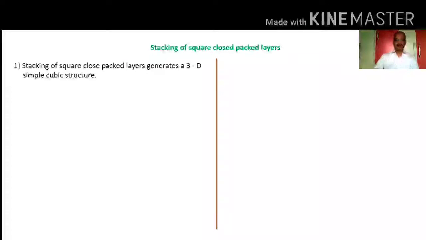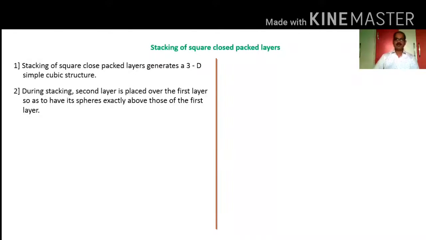When you take many square close packed layers and stack them, then it generates a three-dimensional simple cubic structure. Now during the stacking, what we should do is, first take the first layer, place the second layer over it in such a way that the spheres of the second layer lie exactly above those of the first layer.